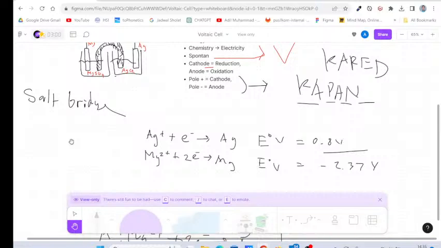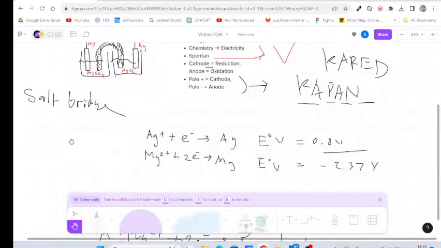So we need to multiply it by 2 to make it equal, and then we get the elimination operation, right?